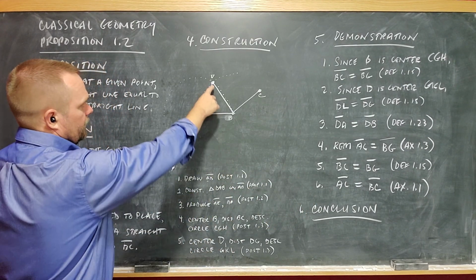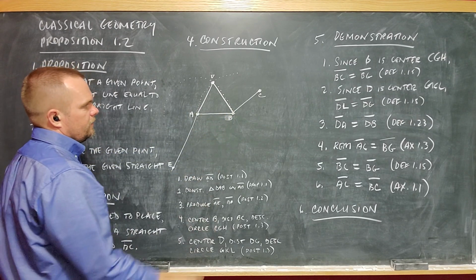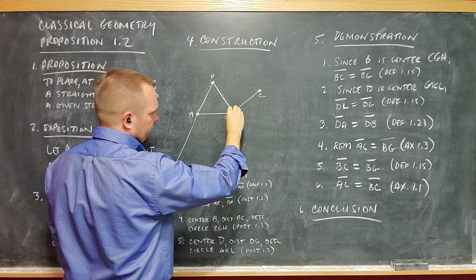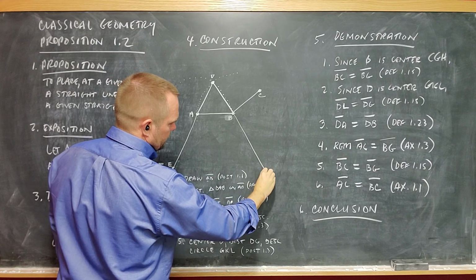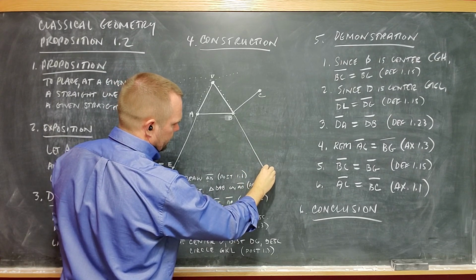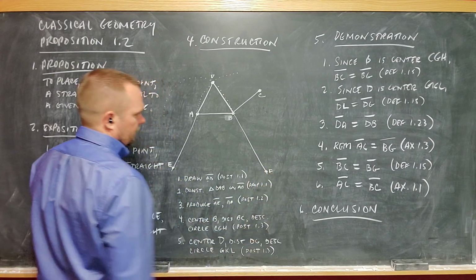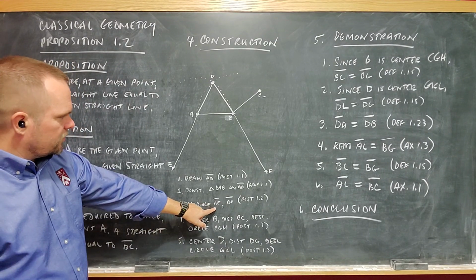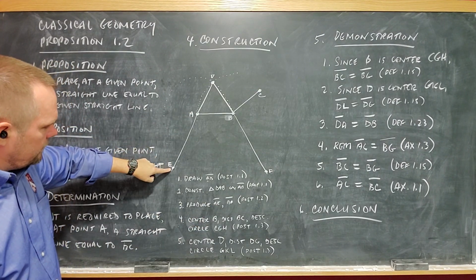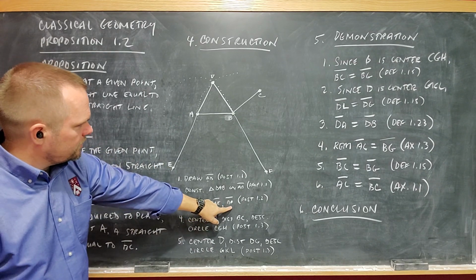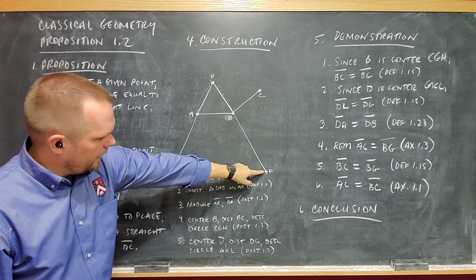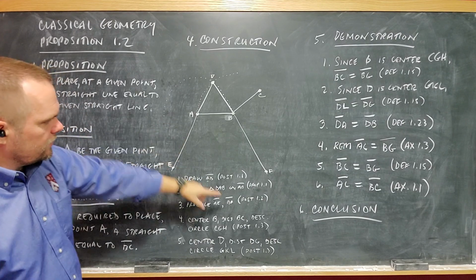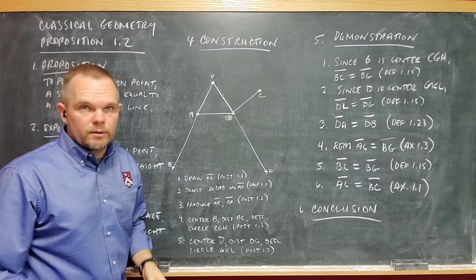We're going to do the same thing on line DB. We're going to extend line DB in a straight line, and we'll stick a point down here, and we'll label that point F. So we've produced straight line AE, and we've produced straight line BF. And postulate 1.2 allowed us to do that.